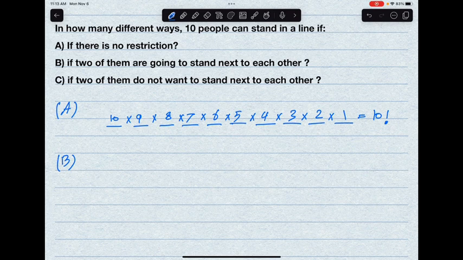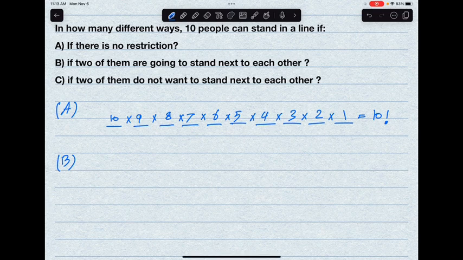For part B, 2 of them, let's say A and B, they're going to stand next to each other. They didn't say where, but they're going to stand next to each other. It's like we can just say instead of 10 people, we have 9.